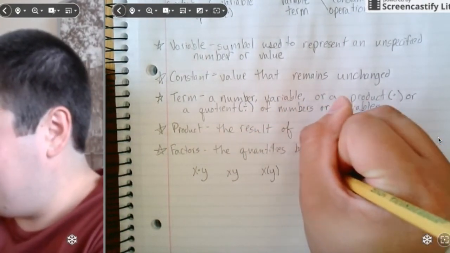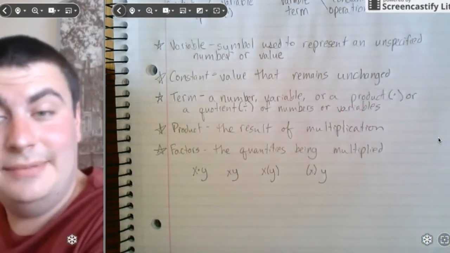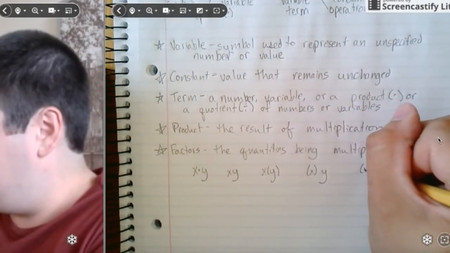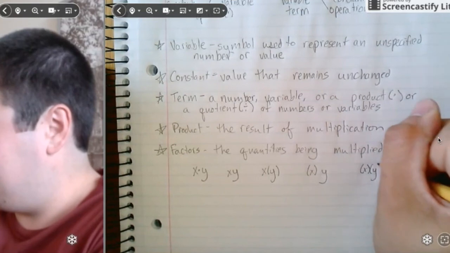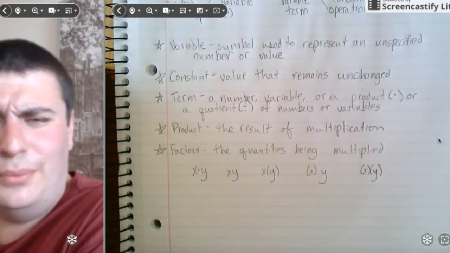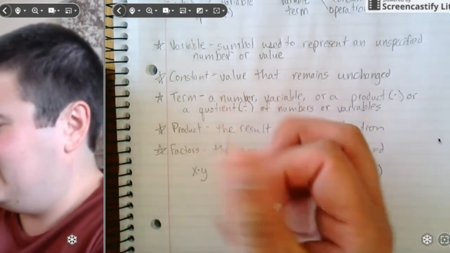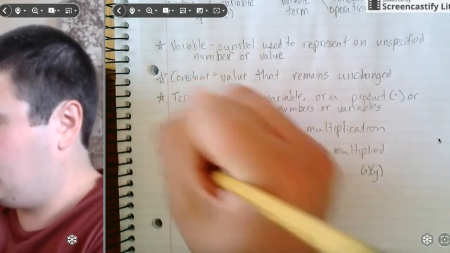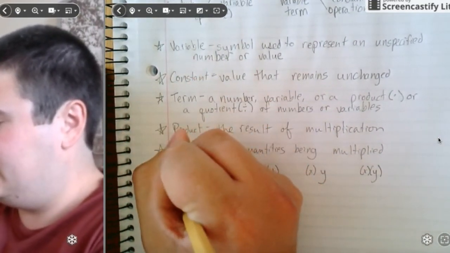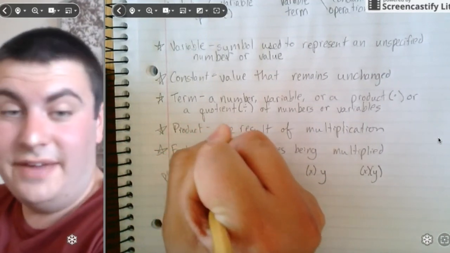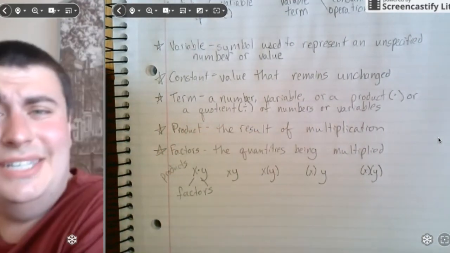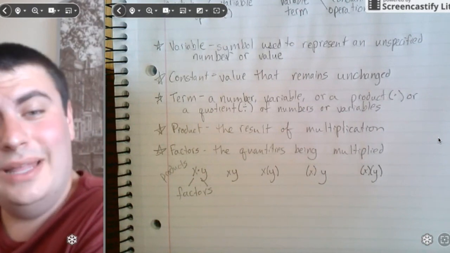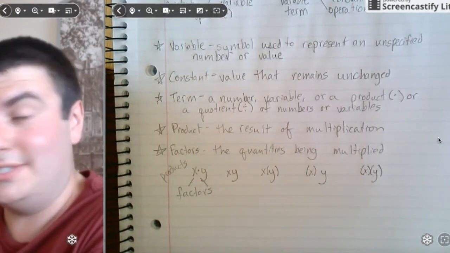We could have the quantity x times y, and we could have the quantity x times the quantity y. All of these are different ways to write multiplication. These are all products, with each of these being factors.